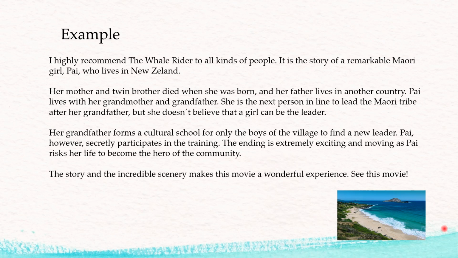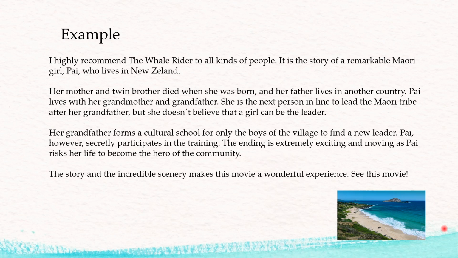They mention that it's exciting and moving, but no more. Then they specify the elements, that it takes place far away, it is a tribe, and the role of this girl that wants to be a leader.